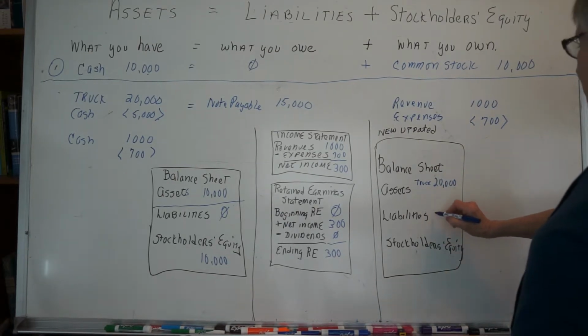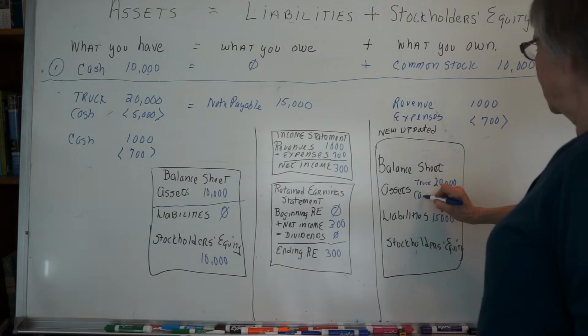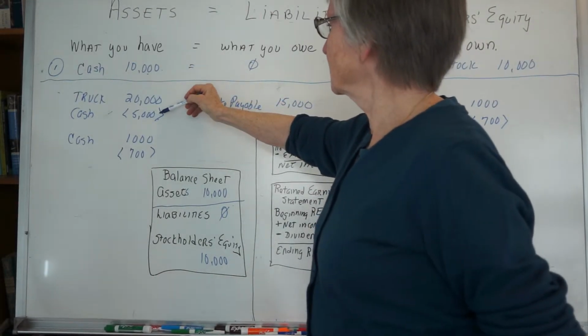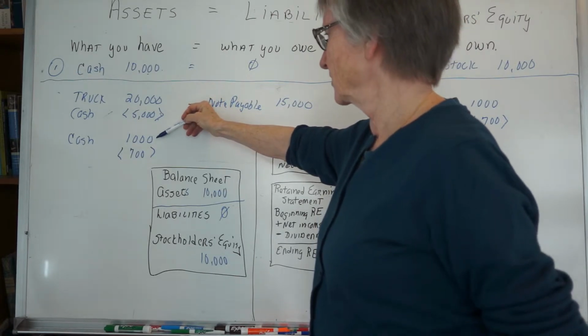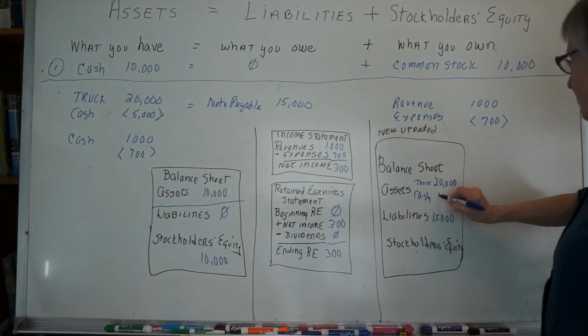We've got our liabilities of 15,000. That's the note payable. And then we also have the asset cash. And cash, we had 10,000. We spent 5,000. That got us down to 5. Plus 1 is 6. So it looks to me like we have 5,300 in cash.